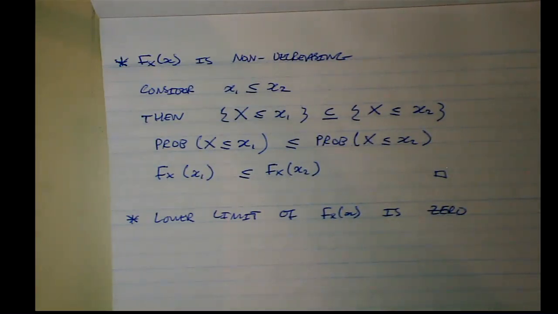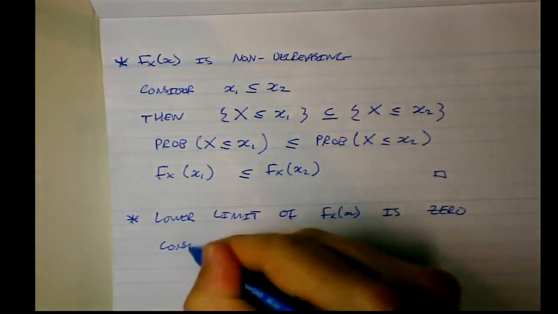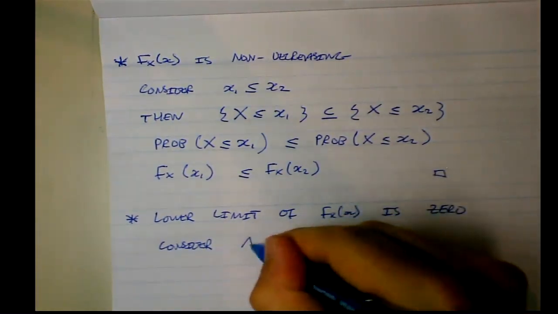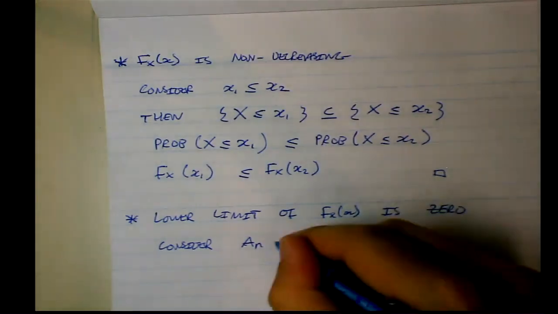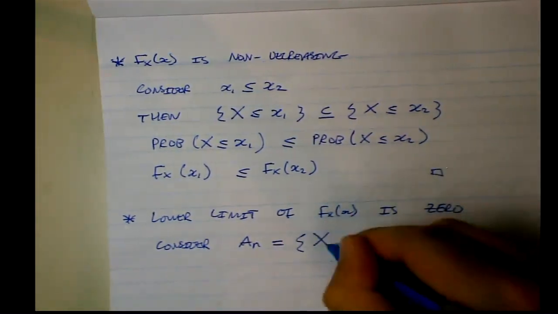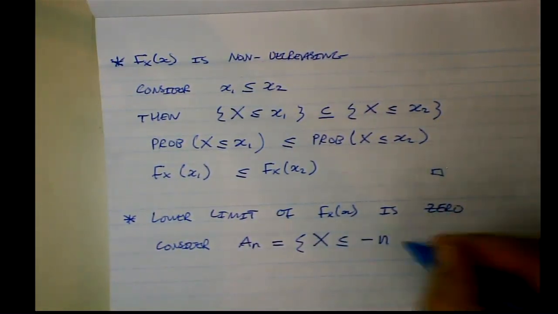So what we're going to do is as follows. We are going to consider a sequence of events. I'm going to call them A_n. And A_n is going to be equal to the event that the random variable X is less than or equal to minus n.